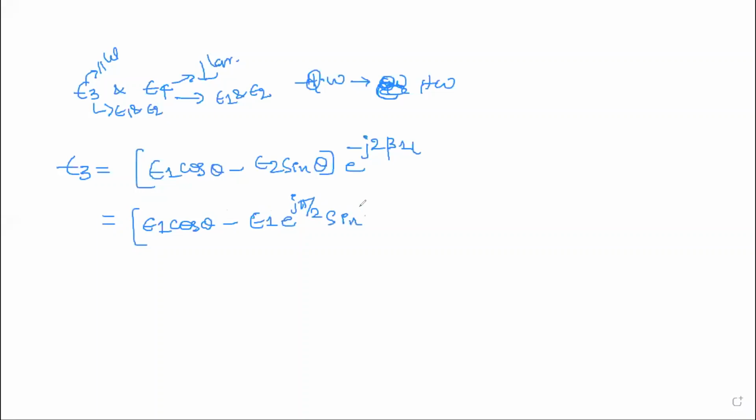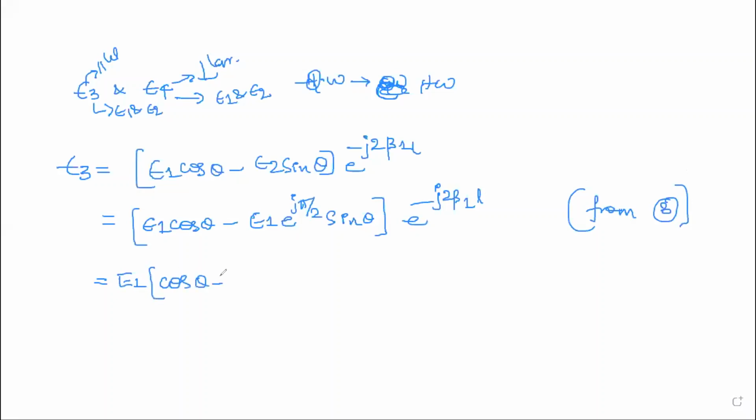So from the third equation you have written for E2, and here you can take out E1 as common. If you take E1 as common, you'll be remaining with cos theta minus e to the power j pi by 2 sin theta into e to the power minus j 2 beta 1L. What is e to the power j pi by 2? Anybody?